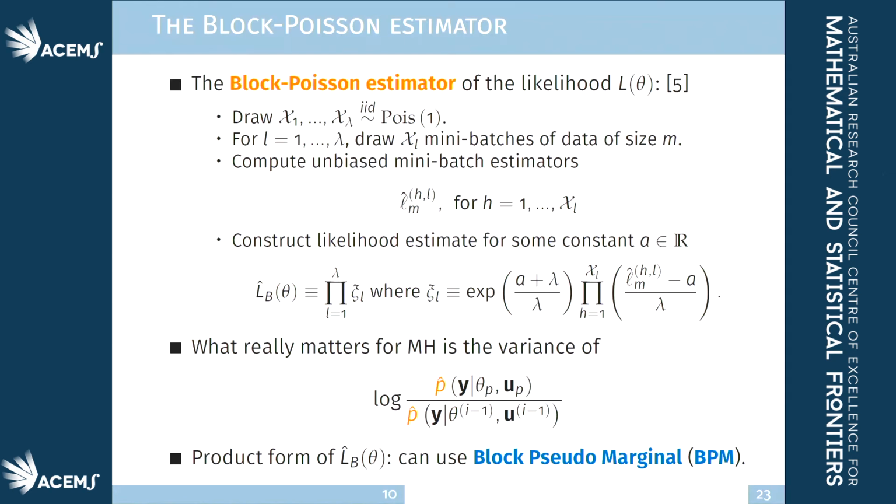So we get highly correlated likelihood estimates. Here what we're doing is using pseudo-marginal to select the indicators. So we get high acceptance probabilities.